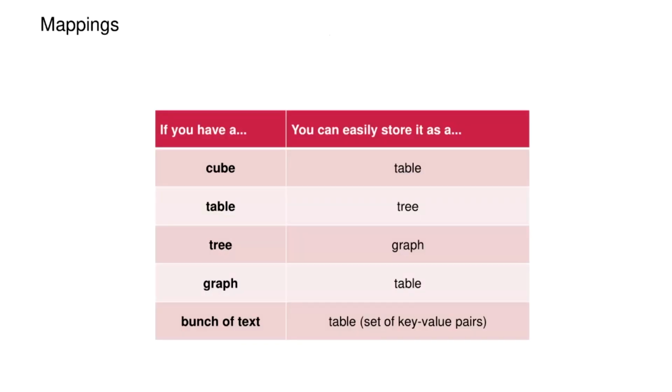Speaking of data independence, actually, the shapes can be mapped on top of each other. So you can actually store cubes as tables that we saw in information systems for engineers. Tables can be also stored as trees, because we saw that tables are basically just homogeneous collections of flat trees, right? So you can store a table as a collection of trees. Trees can be stored as graphs easily, because trees are basically graphs without cycles. Graphs can be stored as tables.